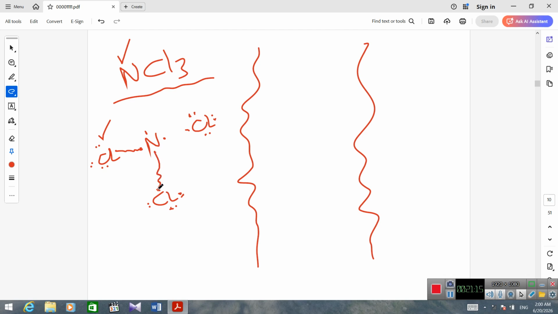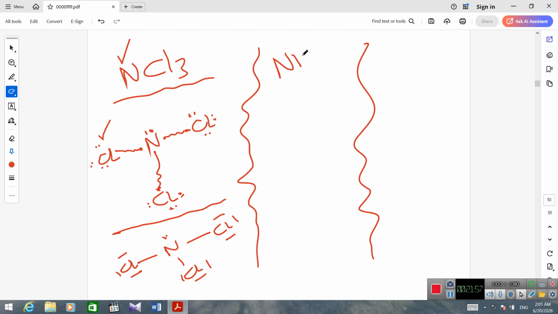Another chlorine, 2, 4, 6, 8, and similarly 2, 4, 6, 8. As a result, the Lewis structure for nitrogen trichloride will be one electron pair, and the other 3 chlorines in different places around the nitrogen as the central atom.